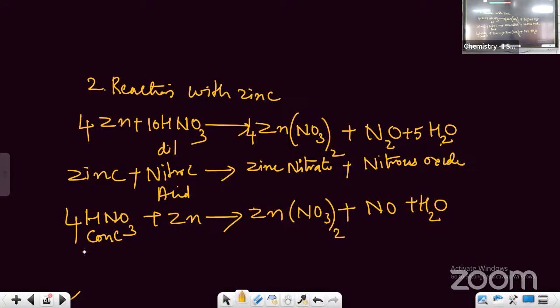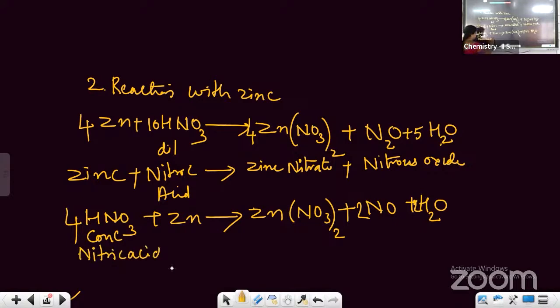Now how to balance this reaction? Nitrogens are 4. So here zinc, only 1 mole of zinc, 2 nitrogens here. So 2 nitrogens here. Then water, 4 hydrogens, so this is 2. Okay, students. Now what is the statement? This is your nitric acid.